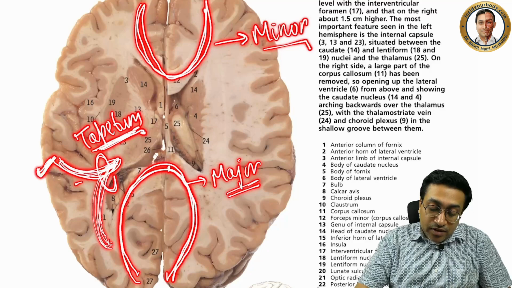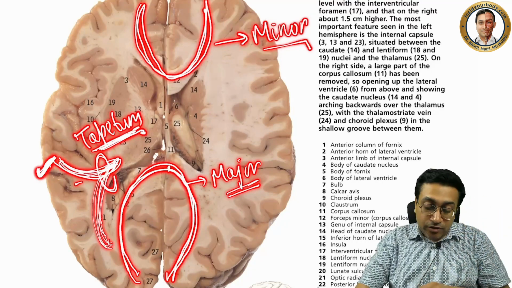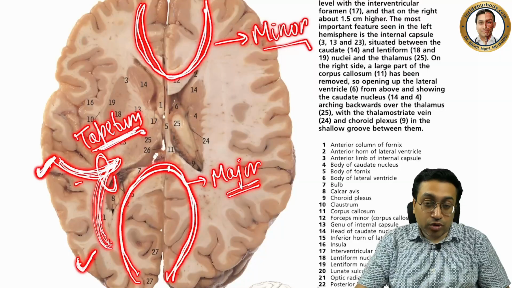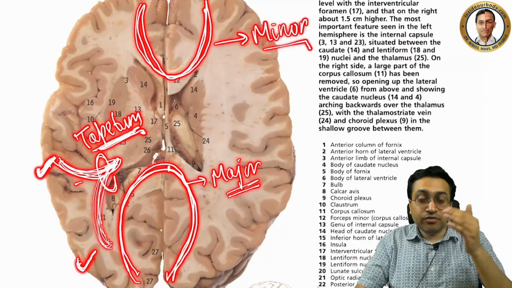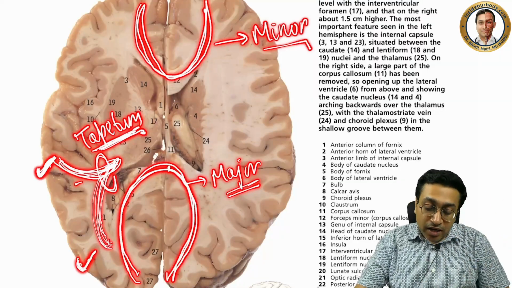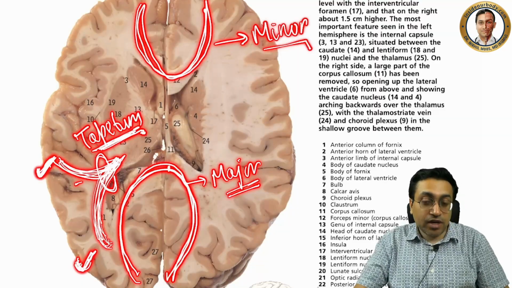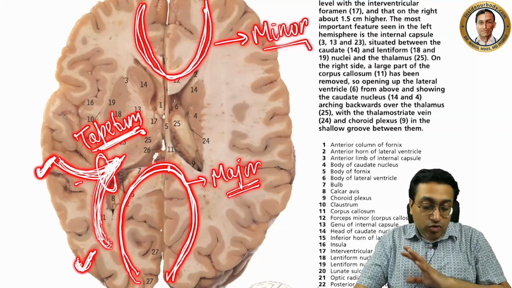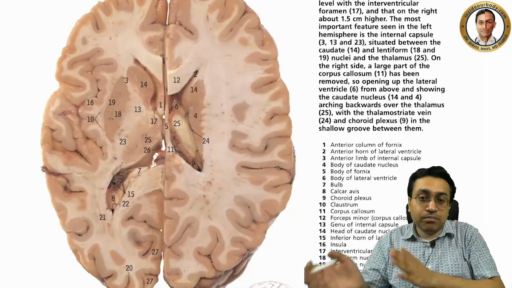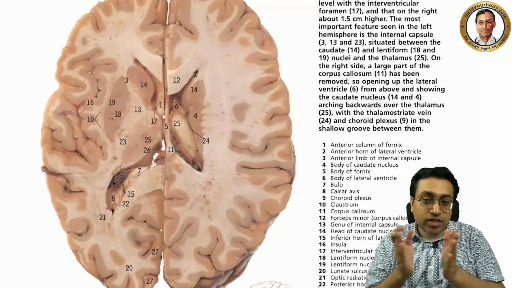You can see the temporal, that is the auditory input, with the visual input, occipital. So auditory and visual sensations are ultimately being connected with each other by these tapetum fibers. And this is also nothing but connecting between the two cerebral hemispheres.